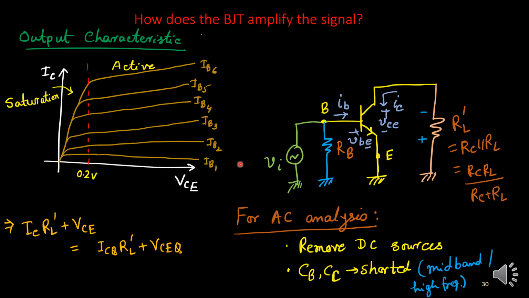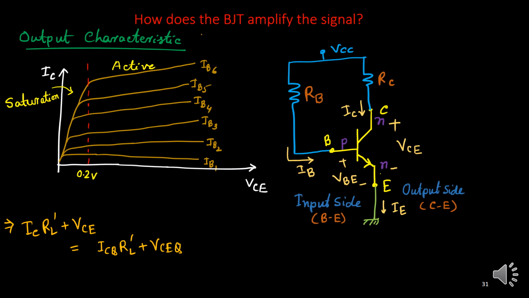So I will consider the same output characteristics curve, total VCE versus total IC. You know that if VCE is less than 0.2 volt, it is going towards the saturation region, and this side is the active region, where IB should be non-zero. Now I will consider this circuit, a simple biasing circuit.